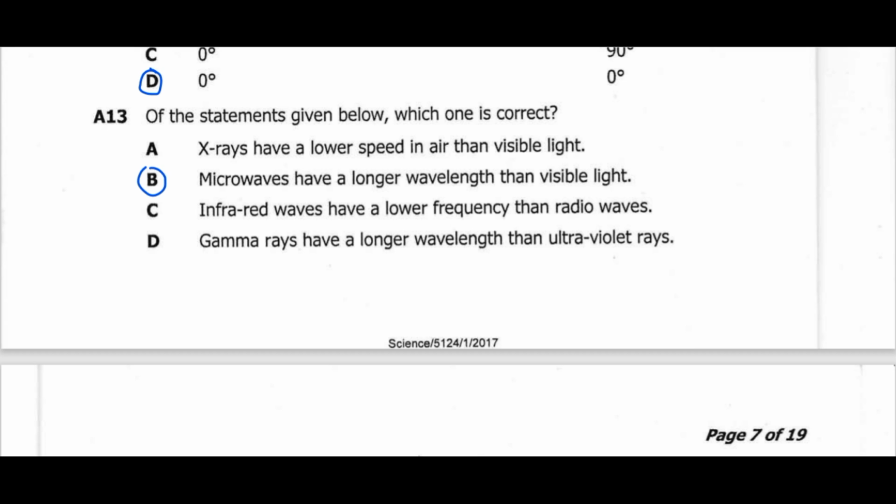Then from the infrared you have visible light. After visible light we have ultraviolet. Ultraviolet, then we have X-rays, then gamma rays. So if we look at the wavelength, the radio waves are the waves with the longest wavelength. But if we look at the arrangement, we're going to see that microwaves have a longer wavelength than visible light.